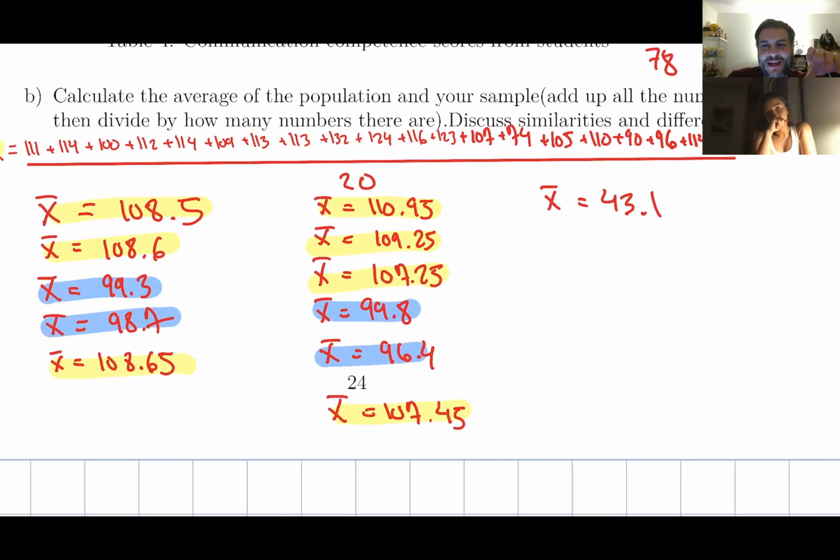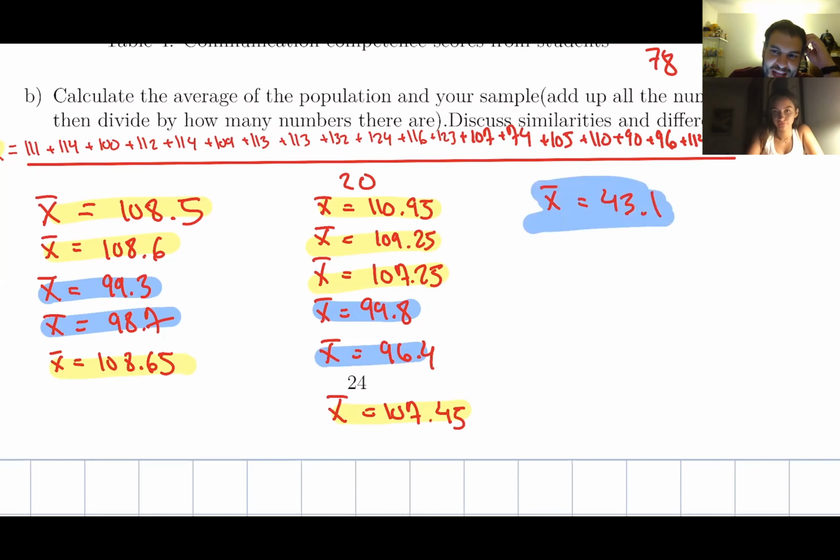So what this is telling us is that even if we have the same population, depending on what our sample is, it could drastically change, because not everybody is going to get the same mean. We're all going to get a different mean, but we want to look at what similarities we have.